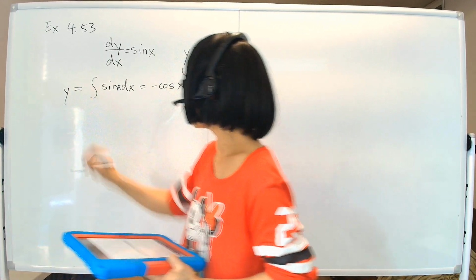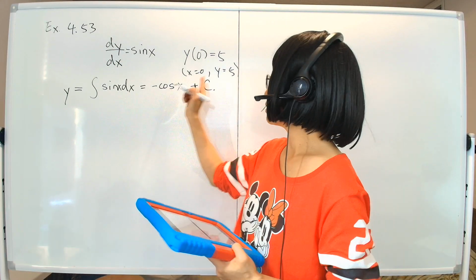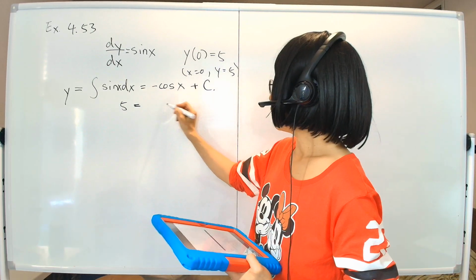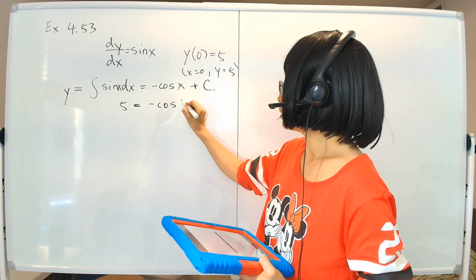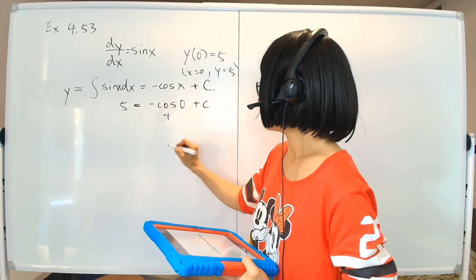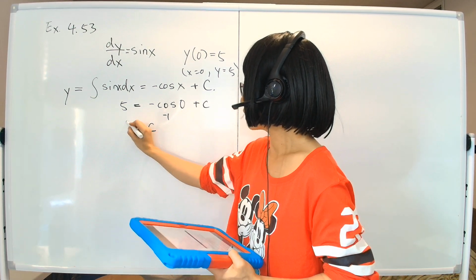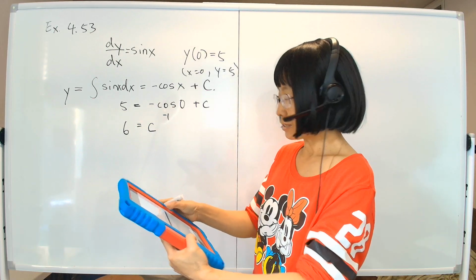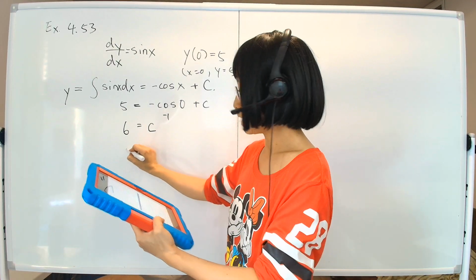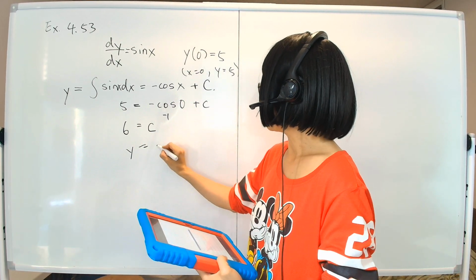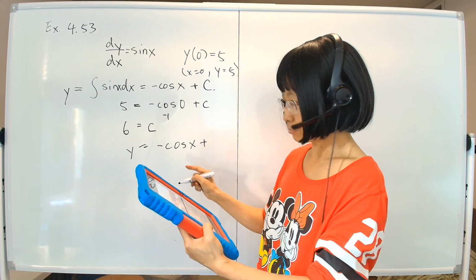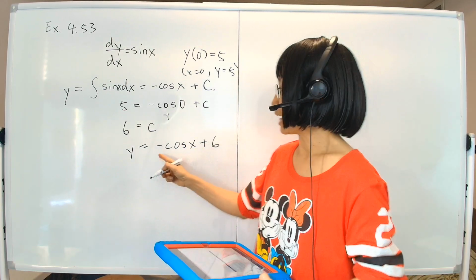So if x is 0, y is 5, we will write down 5 equals minus cosine 0, which is cosine 0 is 1, so that's negative 1, plus c. So that gives you c equal to 6. And therefore, the function that we're looking for with this initial condition is y equals minus cosine x plus 6. And that is the answer.